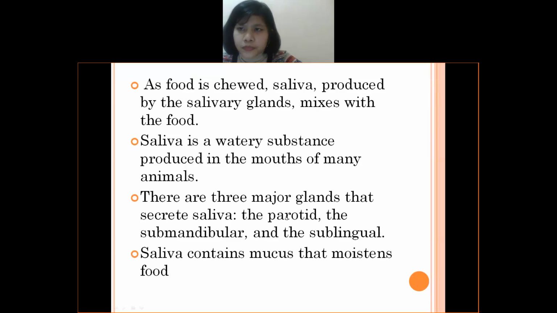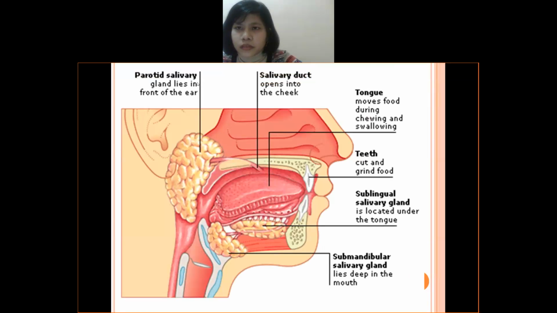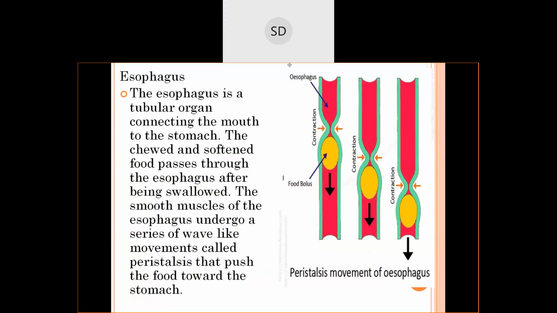Moist means like slippery, slimy, so the food will be able to enter inside the esophagus. And the salivary glands are the parotid, submandibular, and sublingual. Is it clear? Yes, ma'am.